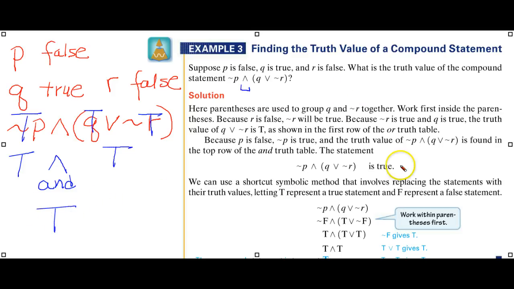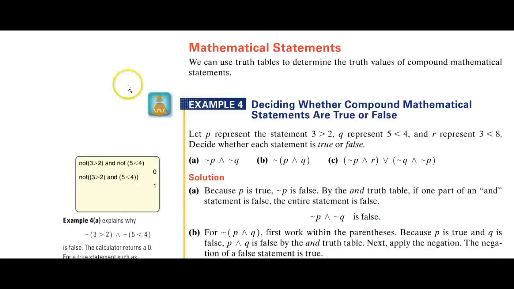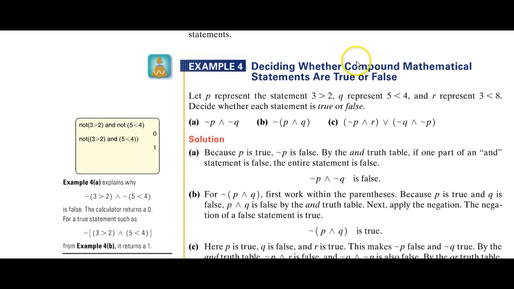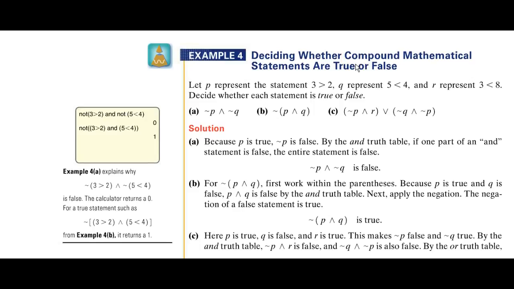And they give you the details of it here as well. And this is a math class, so we want to deal with some mathematical statements. We can use truth tables to determine the truth values of compound mathematical statements. Now we do this in a math class normally, but here we're using this applied symbolic logic.